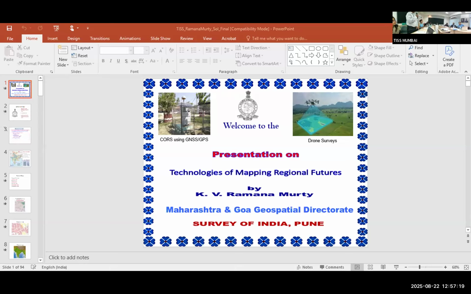But the ISRO chairman recently announced that over a period of time they are going to make it global like other GNSS systems. Still, we are relying on GNSS given by the US, Russia, the European Union and China. These are the four major nations which give the GNSS satellites, from which we get very precise accuracy, down to the millimeter level.